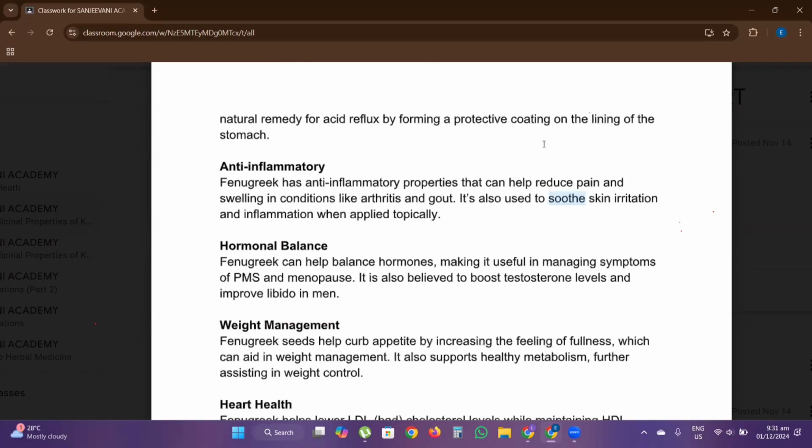So it's also anti-inflammatory, so you can use it for arthritis and gout. And it's also used to soothe skin irritation and inflammation when you apply it topically.